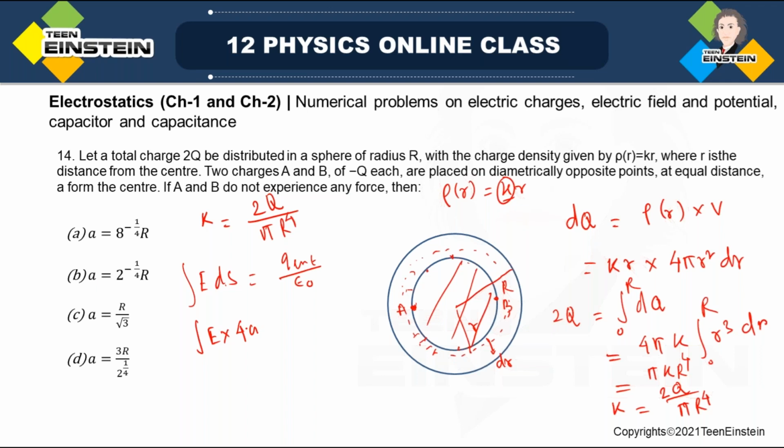E is constant everywhere by the spherical symmetry. So E into 4 pi a square. The left hand side is okay with me, but what about the right hand side? I'm just erasing this part.